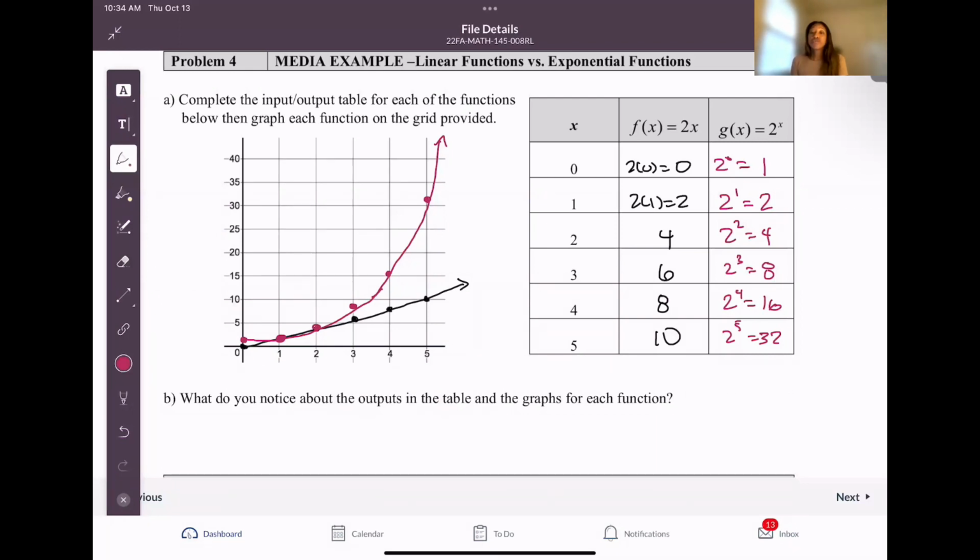The outputs for 2x increase by the same amount. 0 to 2 is 2, 2 to 4 is 2, 4 to 6 is 2, 6 to 8, 2, 8 to 10, change of 2. But the outputs for the exponential function 2 to the x are not constant. This is a change of 1, then a change of 2, then a change of 4, then a change of 8. So the rate of change is not constant.